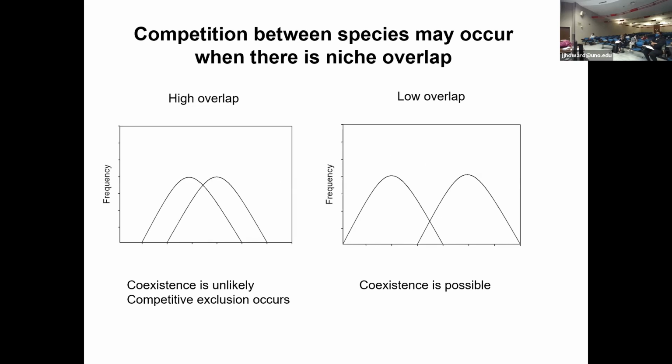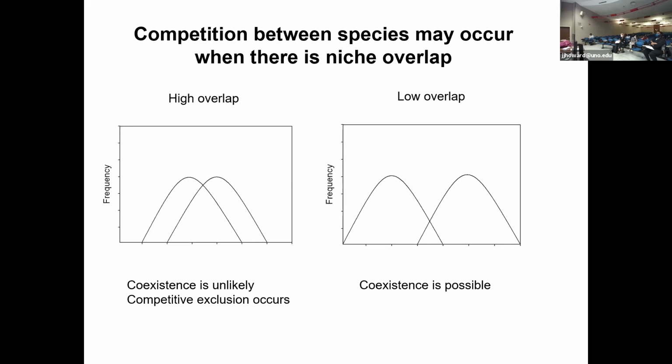But in many cases in nature, we see similar species occupying different areas, say, of a moisture gradient, one of them on the wetter side, one of them on the drier side. This is very, very common. And in many cases, this is suggestive of niche overlap and competition.